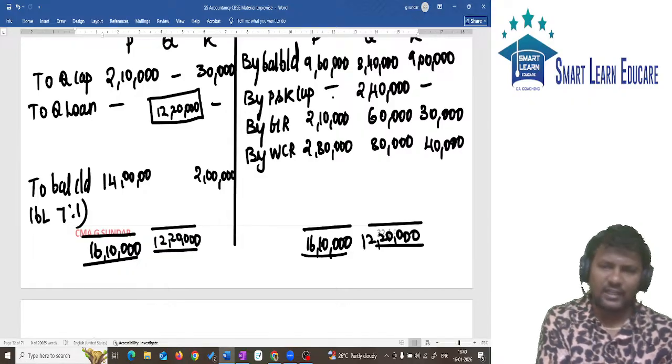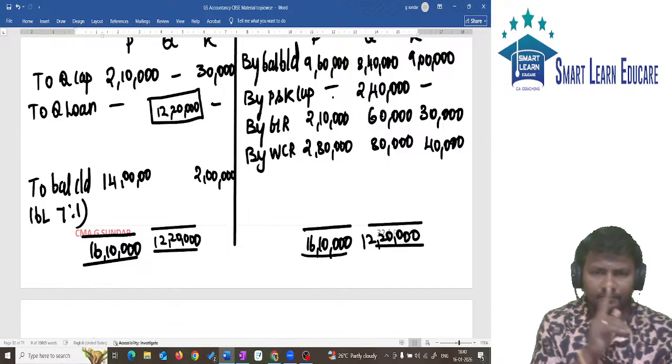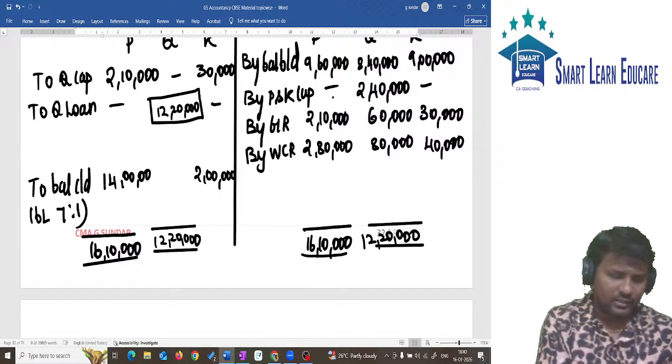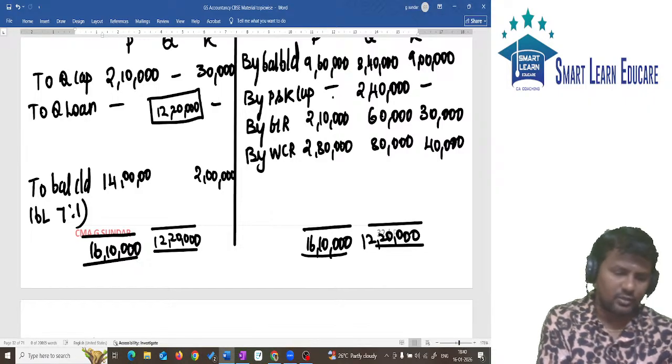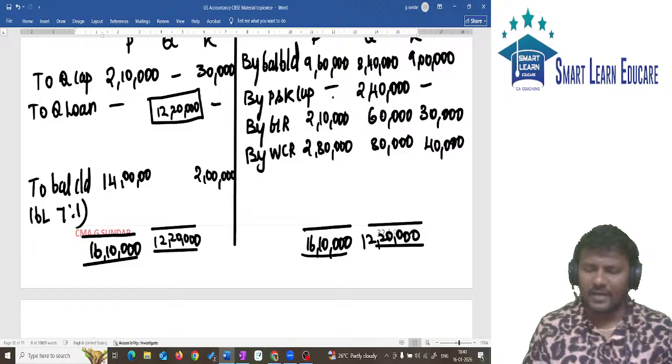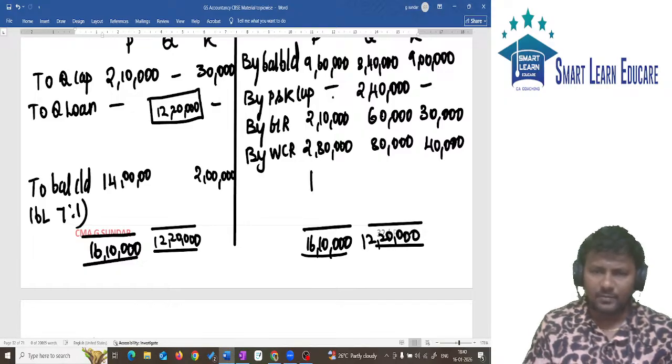Balancing figure: debit side total 16 lakh 10,000 minus 9 lakh 60,000 minus 2 lakh 10,000 minus 2 lakh 80,000 will give you the balancing figure in partner P's current account. It is by P's current account, 1,60,000.